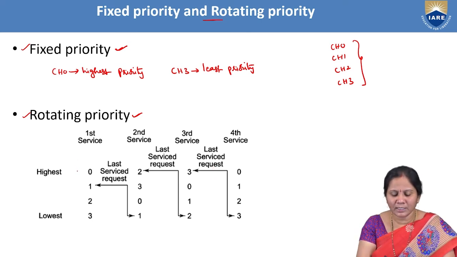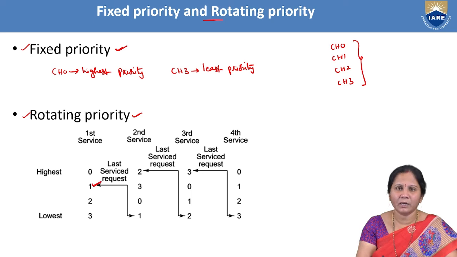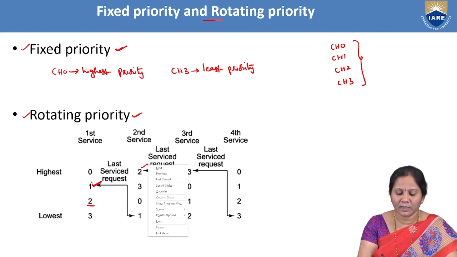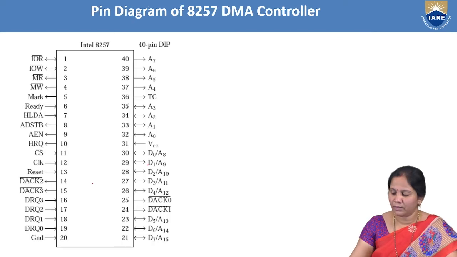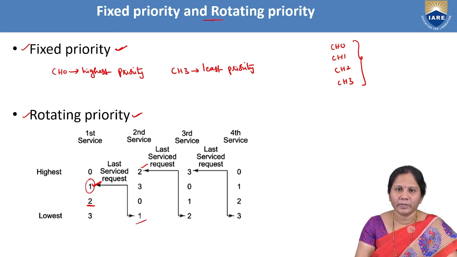So if you see in this case, first channel 1 is serviced. After completing the service of channel 1, automatically the next channel which is going to be serviced will have the highest priority, and the channel which has been serviced will go to the least priority. Now, since channel 2 has the highest priority, it will execute.